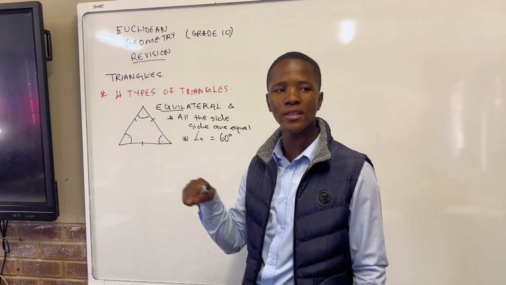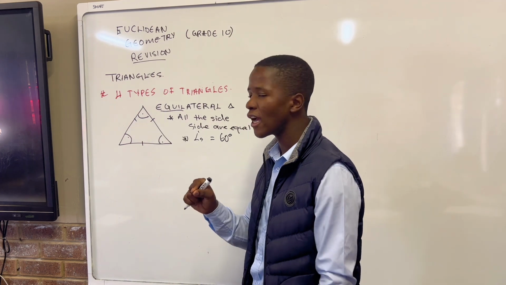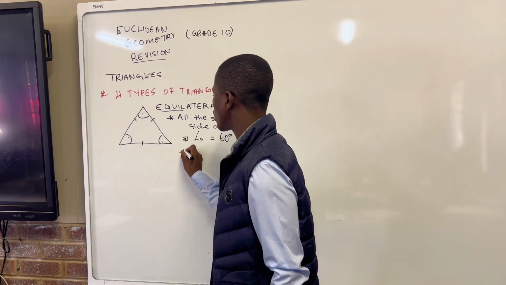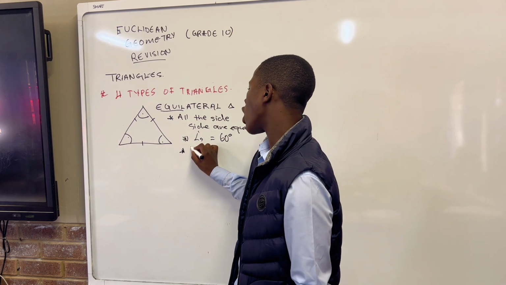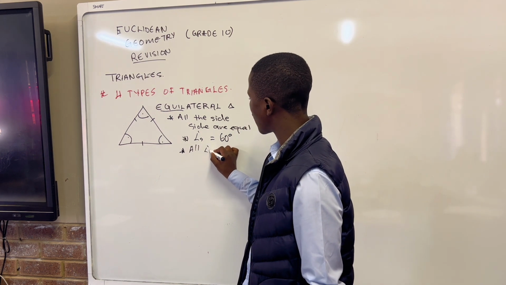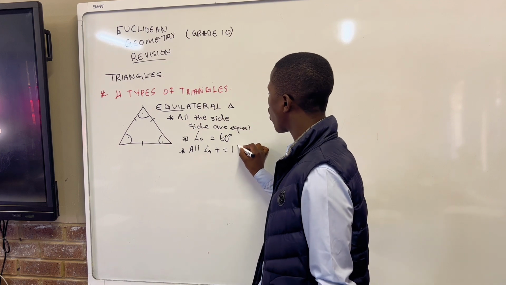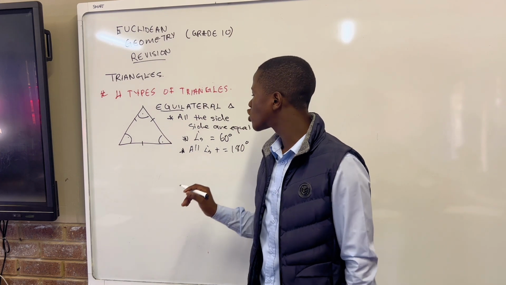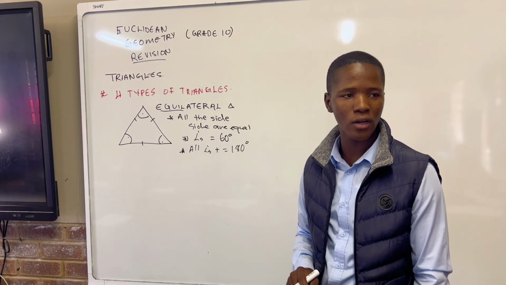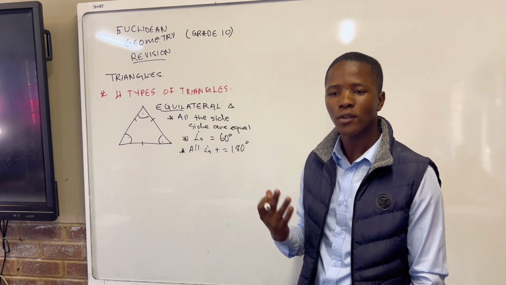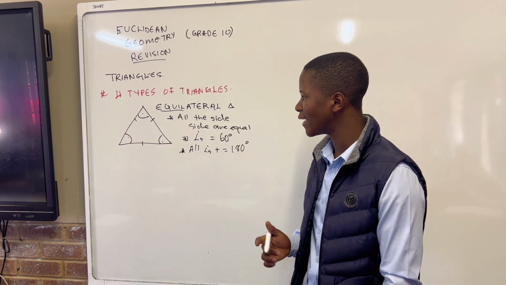So which means all the sides are equal, all the angles are equal. Another characteristic that you need to know about this type of triangle is that all angles add up to 180 degrees. So all the angles of your equilateral triangle, or any other triangle for that matter, add up to 180 degrees.